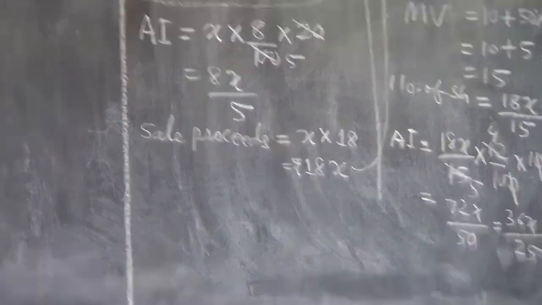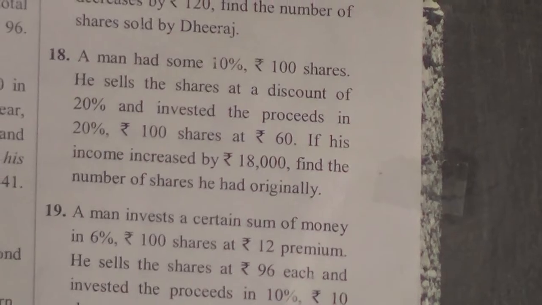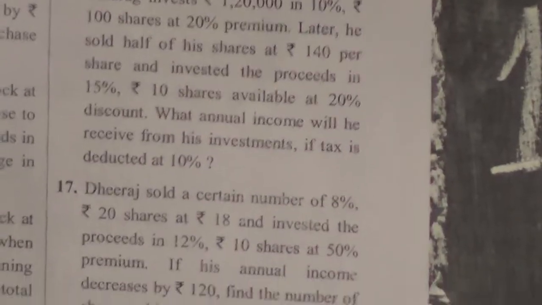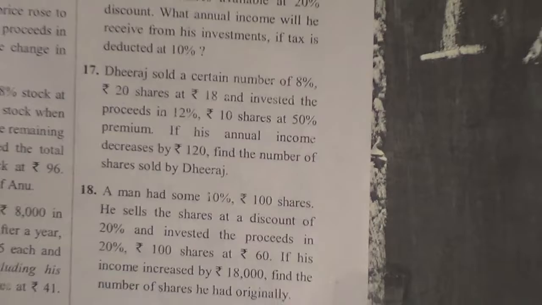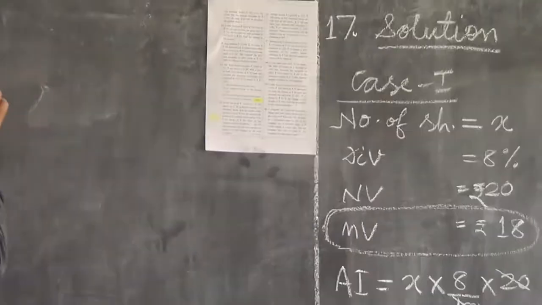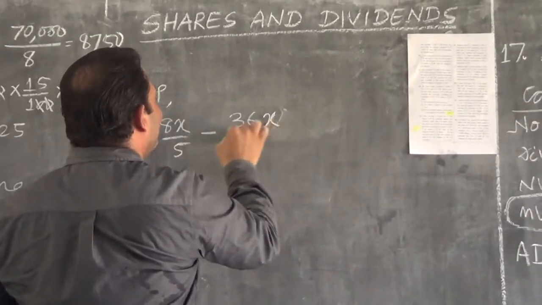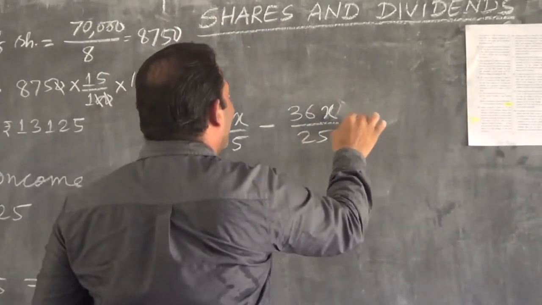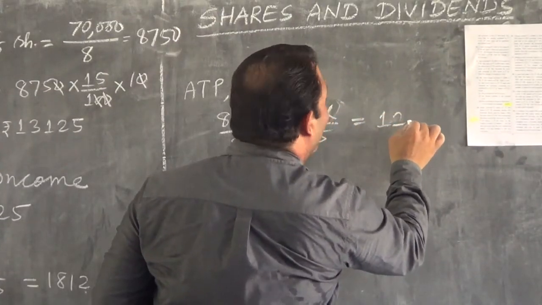what is the problem saying children? His annual income decreased. So annual income in case 1 was more. So 8x by 5 minus 36x by 25 equals 120.